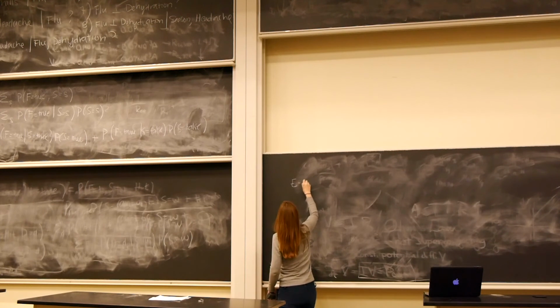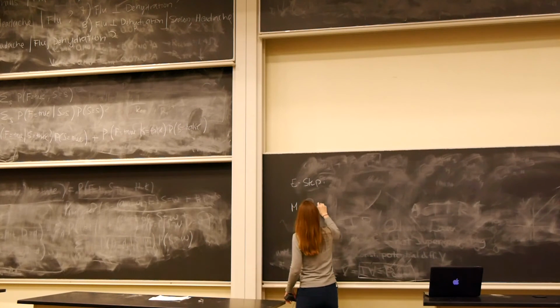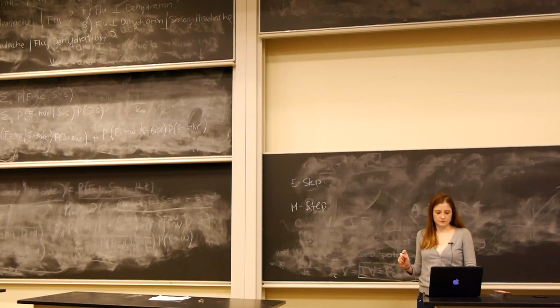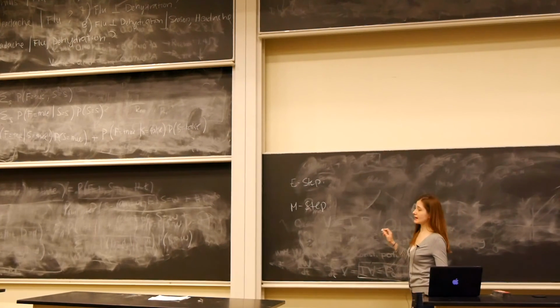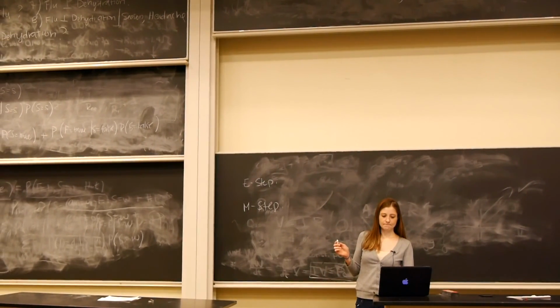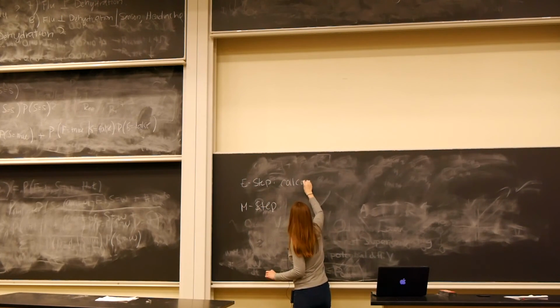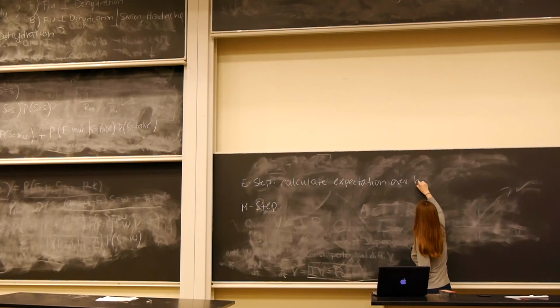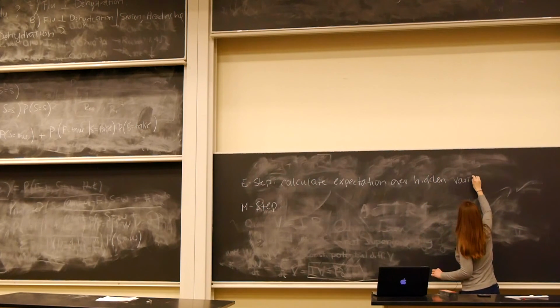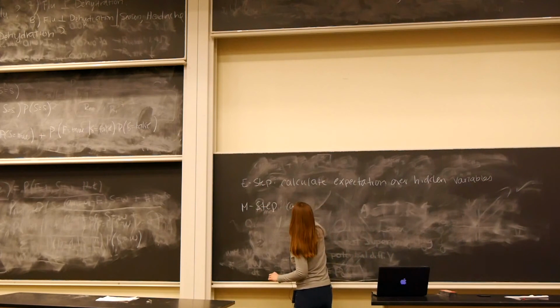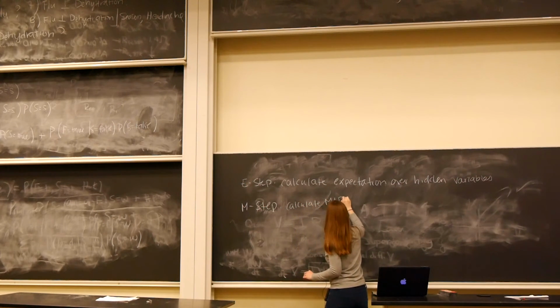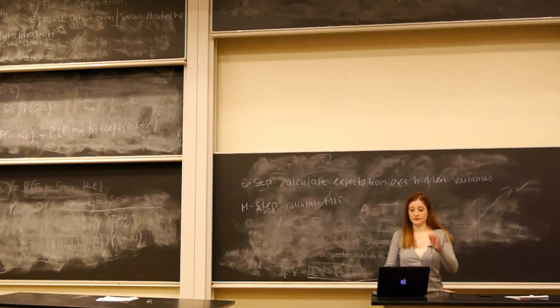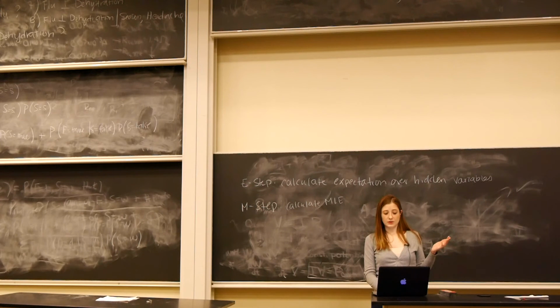So the E step, where E stands for expectation, you basically calculate the expected value of your hidden variables given what you have observed.